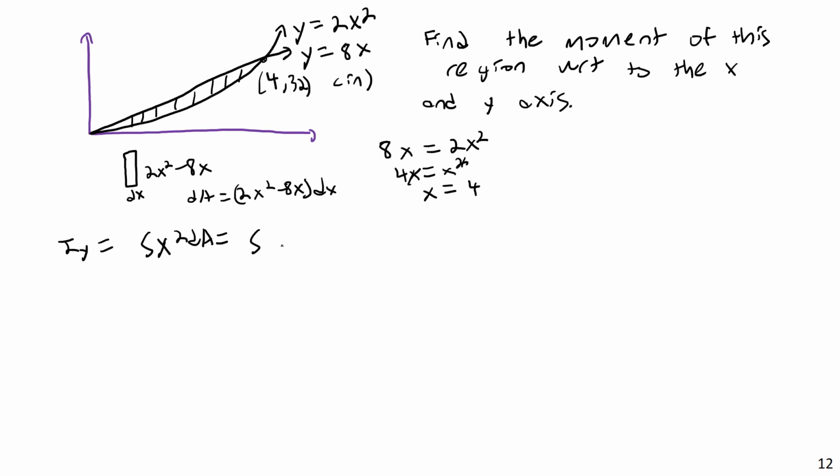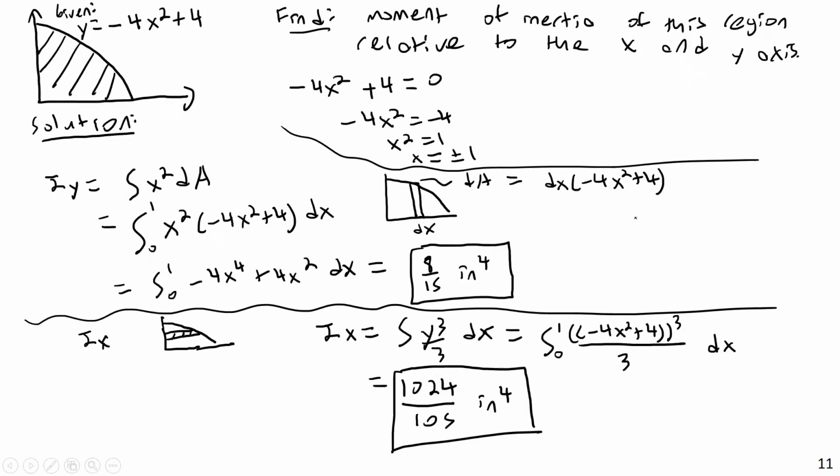So that would be the integral of x squared times 2x squared minus 8x dx, evaluated from 0 to 4. That would be the integral from 0 to 4 of 4x to the 4th minus 8x to the third.